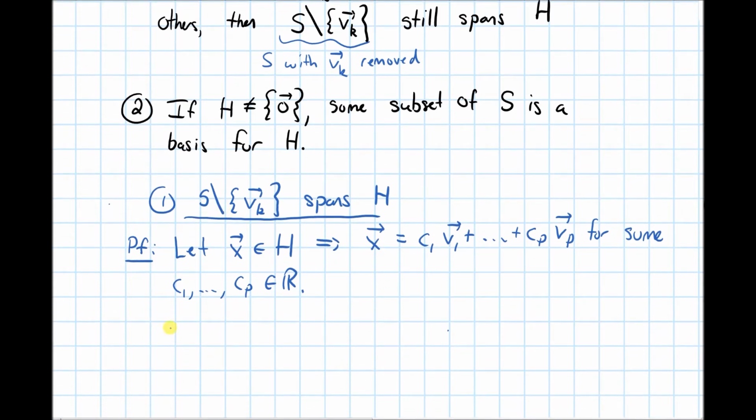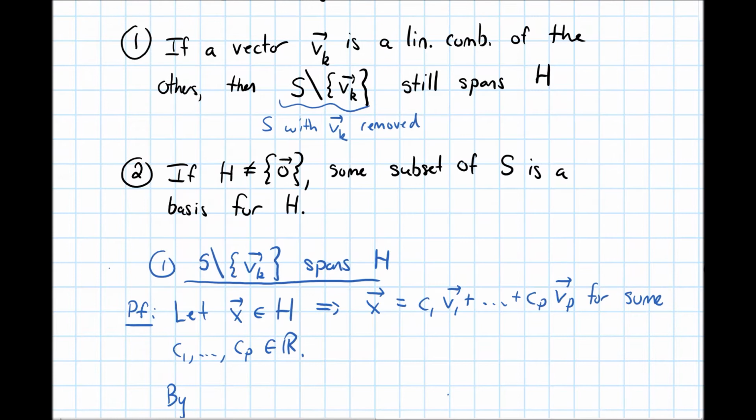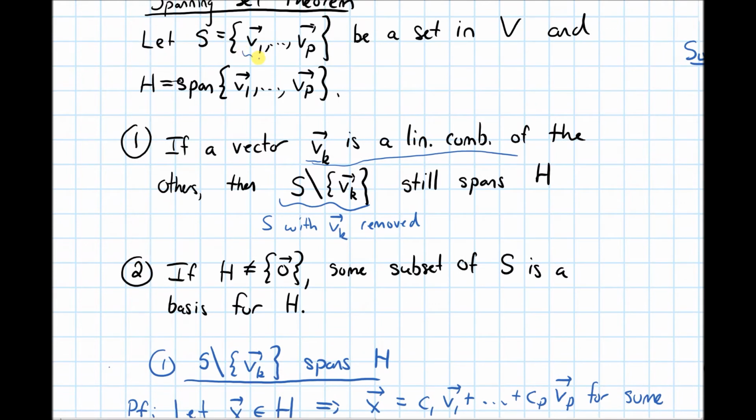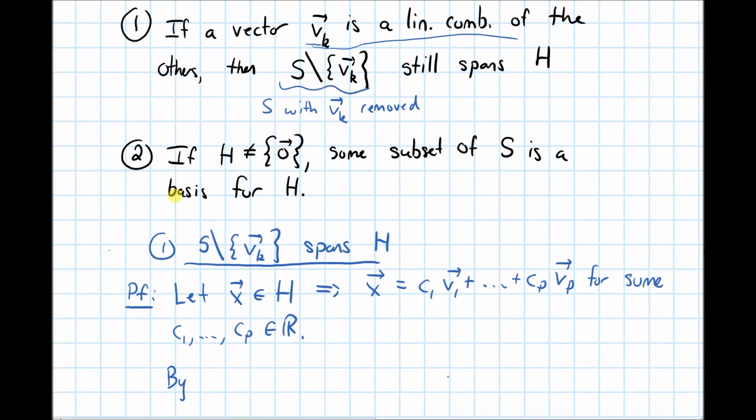To make this argument simpler, I'm assuming in part 1 that there's some vector vk that's a linear combination of the others. I don't necessarily know where vk is in my list, but I can reorder the vectors if I want to. So let's just put vk at the end.